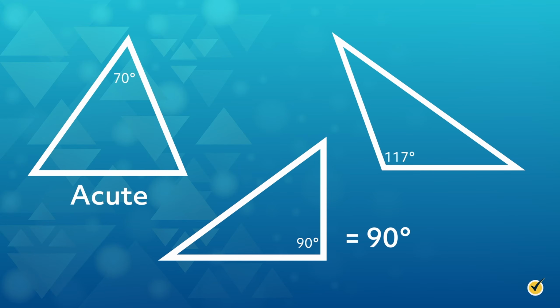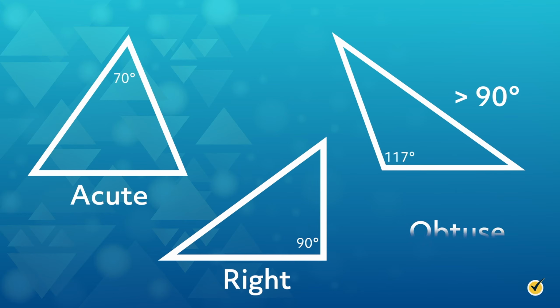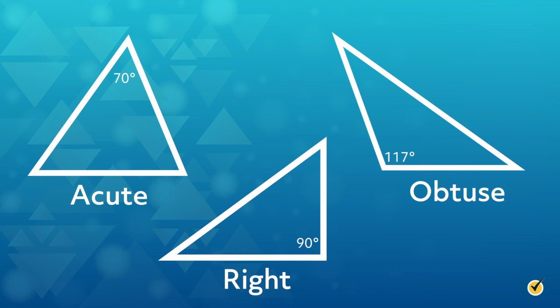You might remember that a 90-degree angle is a right angle, so this triangle is a right triangle. Finally, in the triangle on the right, the largest angle is 117 degrees. Because this is more than 90 degrees, this is an obtuse angle, so we call this triangle an obtuse triangle. That's all there is to it for these 3 types. We just find the largest angle, and the name of the triangle will correspond to the name of that angle.